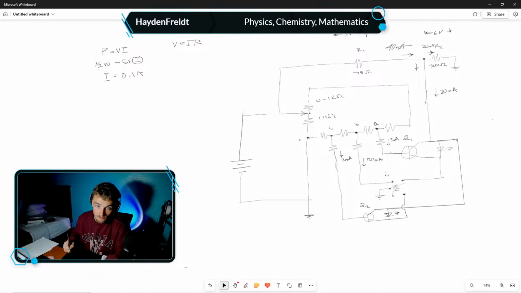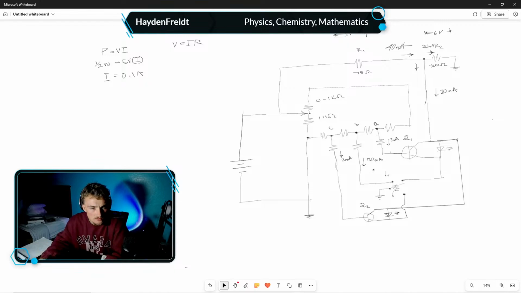In regards to 3 milliamps plus 3 milliamps, 6 milliamps plus 120 milliamps, that's 126 milliamps. So I need that at least. I just don't think I'm going to be able to accomplish 120 milliamps. It's just not going to happen. It's going to be too low of a resistance.